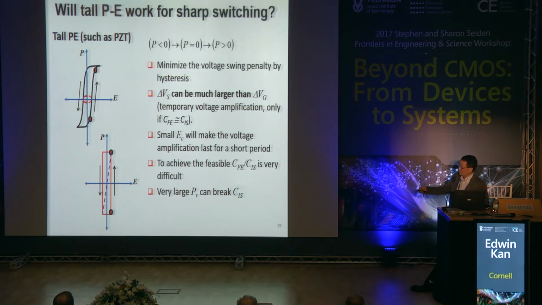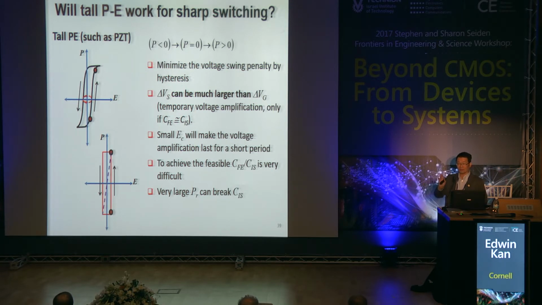But let's take a look seriously here. If you operate between these 2 points, then your VS can have sharper switching. But if you operate from these 2 points, this lower corner to this corner, I call it the third quadrant to first quadrant symmetry, then the large signal is no better than just the equivalent dielectric.